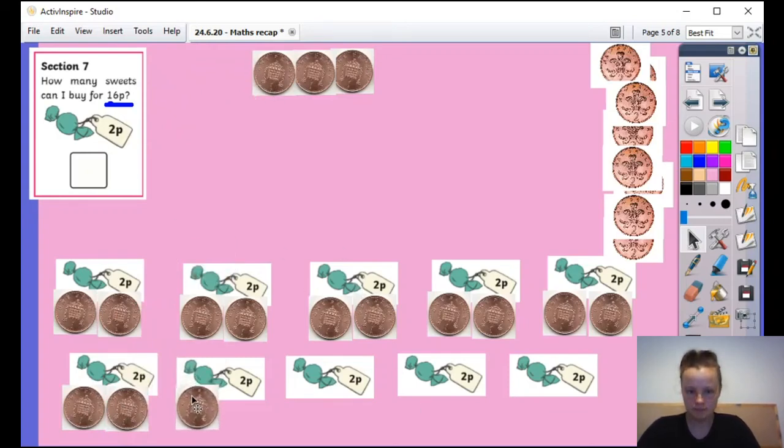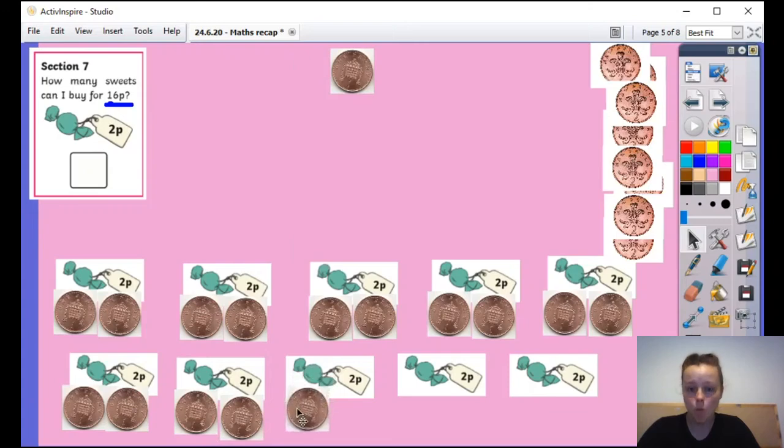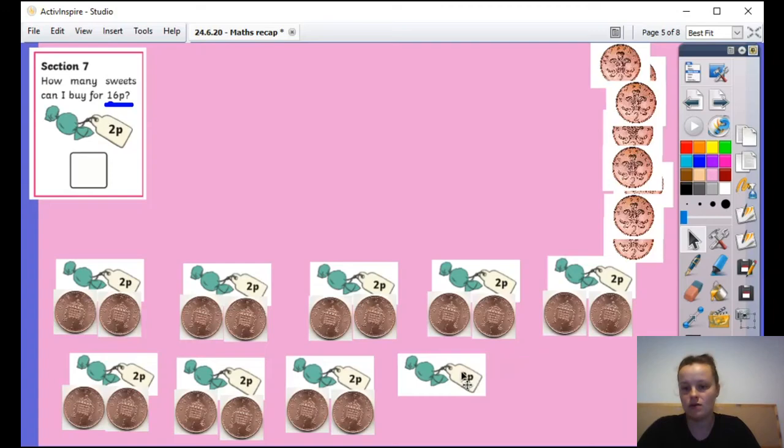So let's do this. And I've got 2 pennies left, which means I can buy 1 more sweet. Okay, so all my money has gone. That's my 16p gone. Let's see how many sweets I could buy for 16p. So I'm going to get rid of that one, because I haven't got enough money to buy those ones.